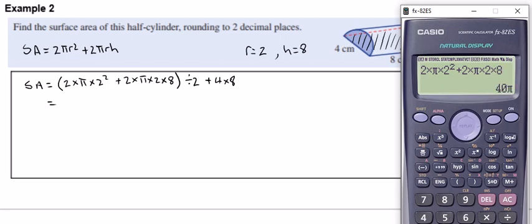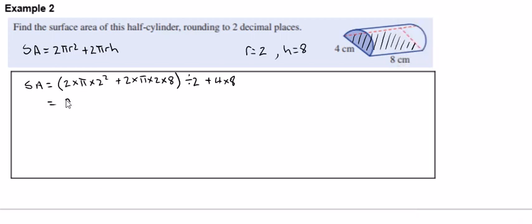We work that out, divide that by 2. And that is 20 pi. And finally we have to add to that 4 times 8, which is that rectangular piece on the base, which gives us, to 2 decimal places, 94.83 centimeters squared.